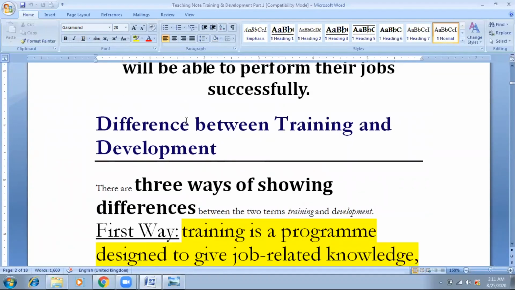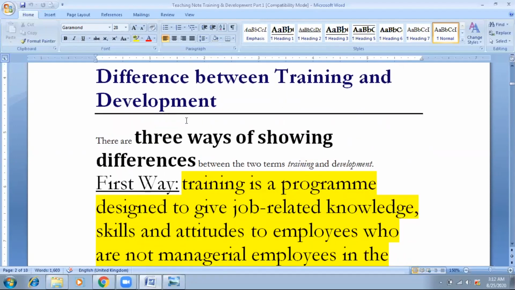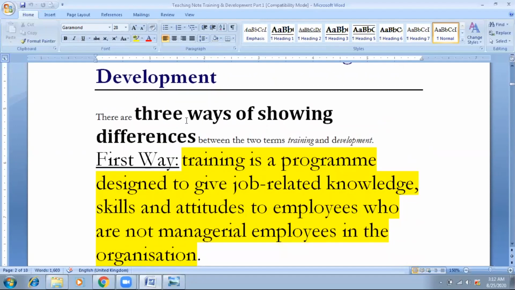Okay, now let us try to understand the difference between training and development. There are three ways of showing differences between the two terms, training and development. First way, training is a program designed to give job-related knowledge, skills, and attitudes to employees who are not managerial employees in the organization.